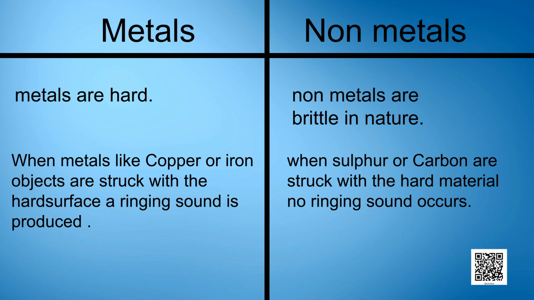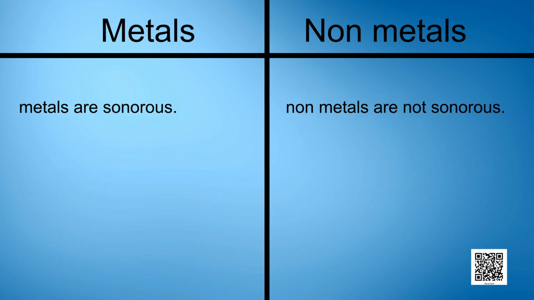When metals like copper or iron objects are struck with the hard surface, a ringing sound is produced. Whereas when sulfur or carbon are struck with the hard material, no ringing sound is produced. It means that metals are sonorous.